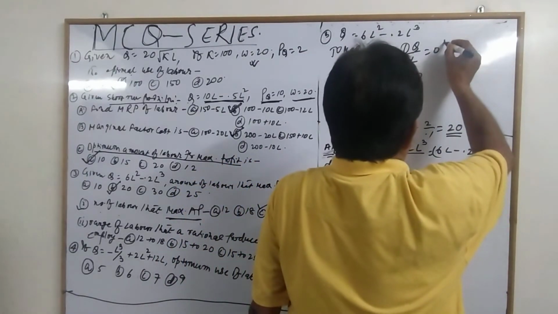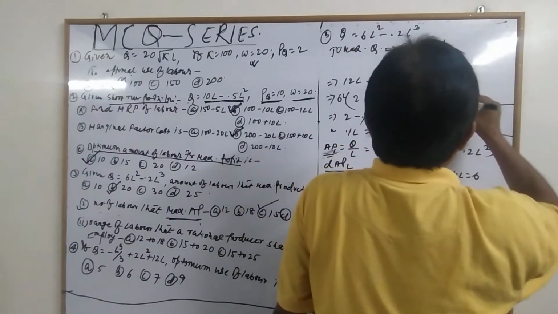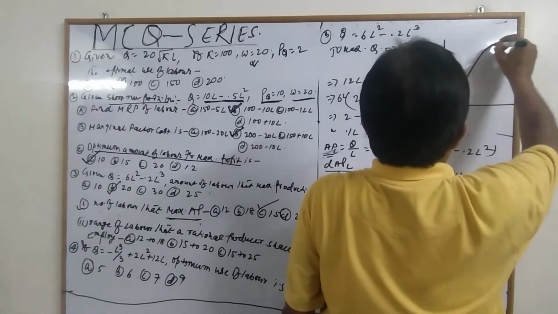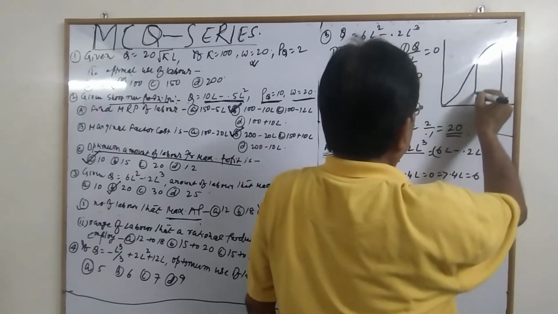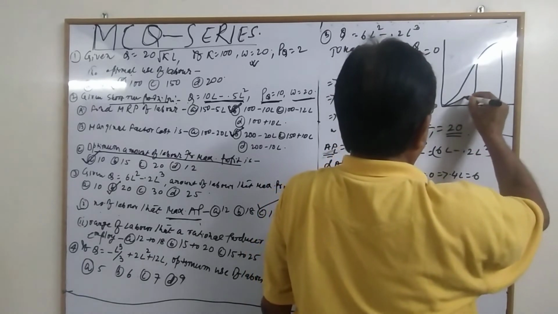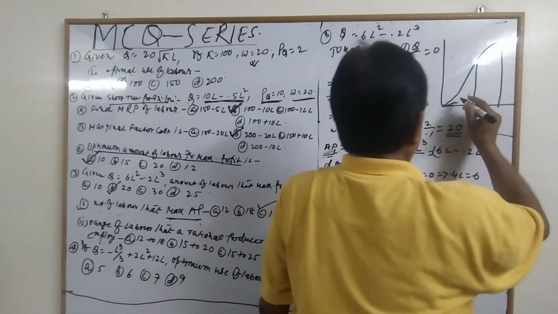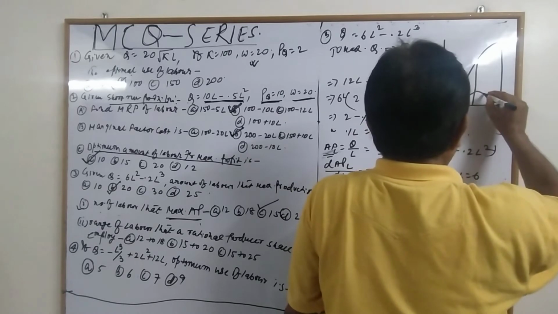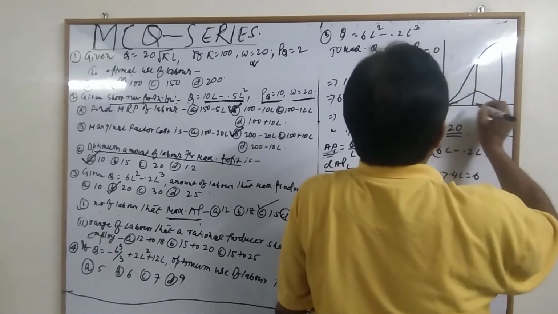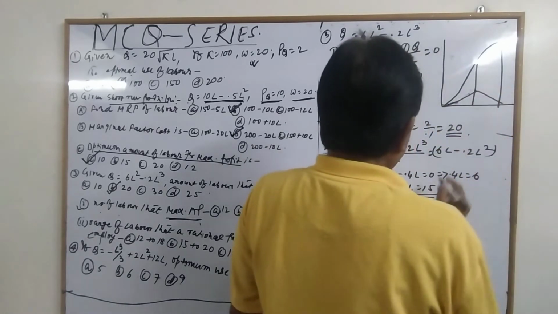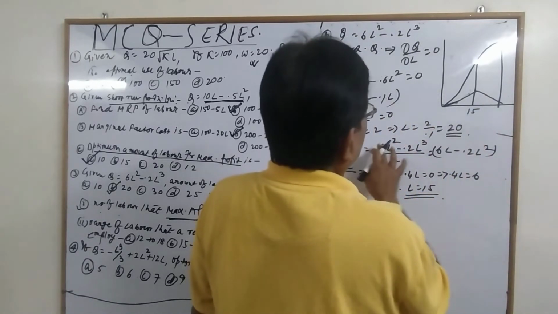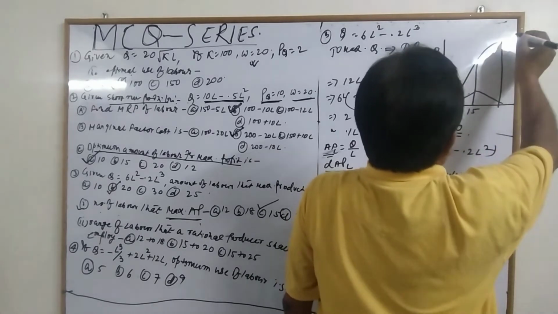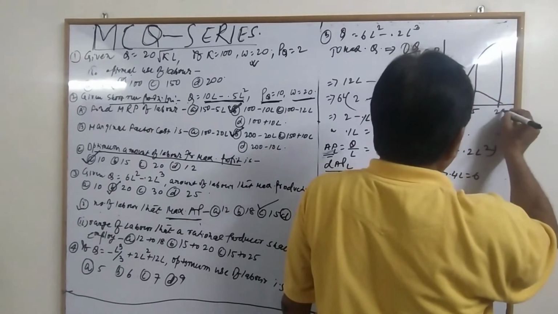For this you have to see the diagram a little bit. Average product is maximum at 15, and the total product is maximum at 20.